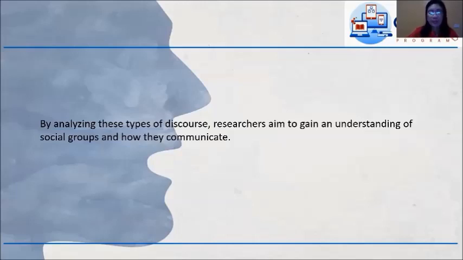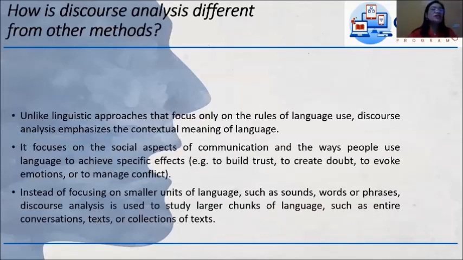how they communicate. Now, how is discourse analysis different from other methods? Unlike linguistic approaches that focus only on the rules of language use, discourse analysis emphasizes the contextual meaning of the language. So it focuses on the social aspects of communication and the ways people use language to achieve specific effects.